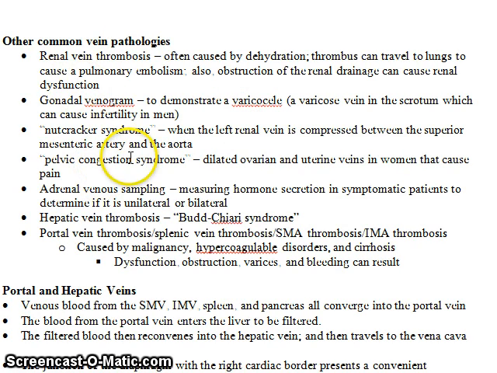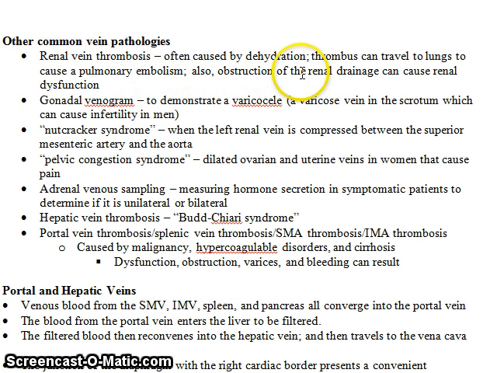Here's a list of other common vein pathologies, and as you'll notice, a lot of them have to do with thrombosis. Remember, the venous system is low flow, so blood tends to clump together and clot more often. So a renal vein thrombosis can occur. A lot of times that is a manifestation of dehydration, and any thrombus can travel to the lungs to cause a PE.